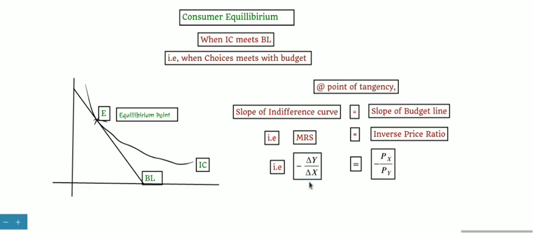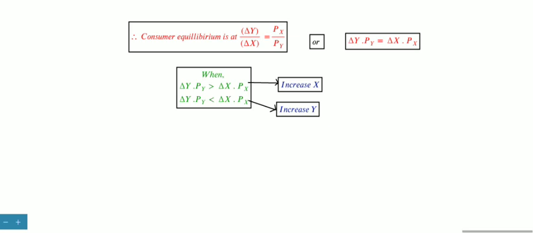So delta y by delta x equals px divided by py. The minus gets cancelled. Therefore, the consumer equilibrium is obtained at the point delta y by delta x equal to px divided by py, or we can write it as delta y into py equal to delta x into px. And this situation gives the consumer equilibrium.